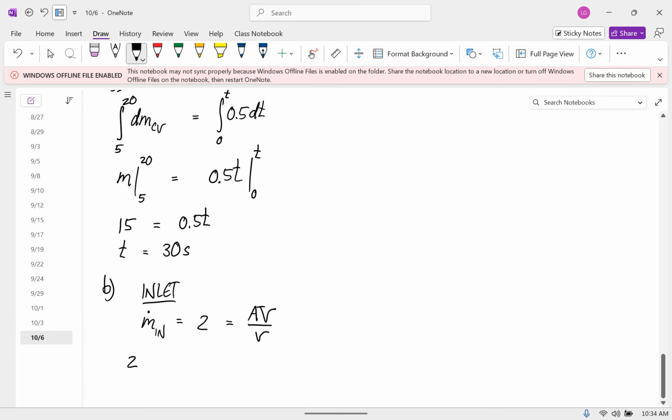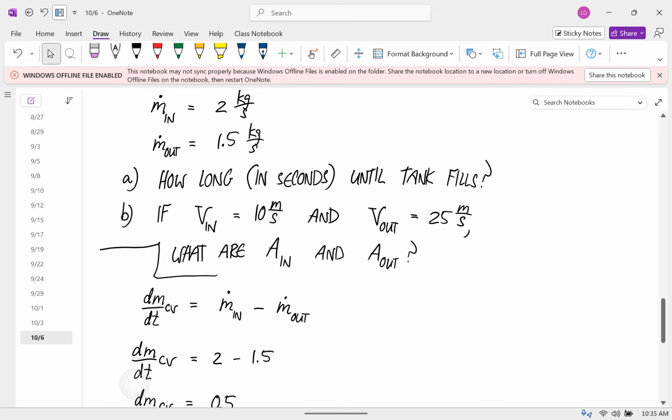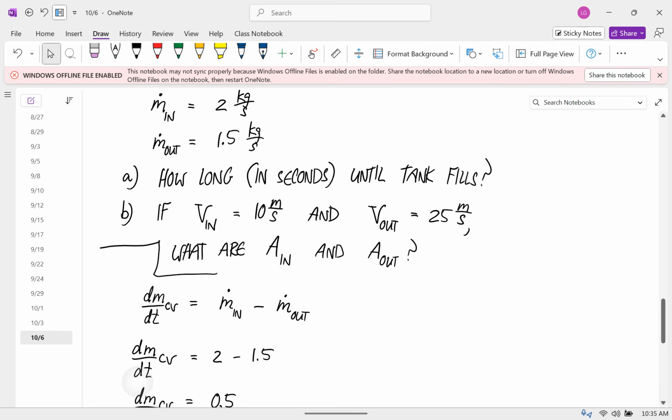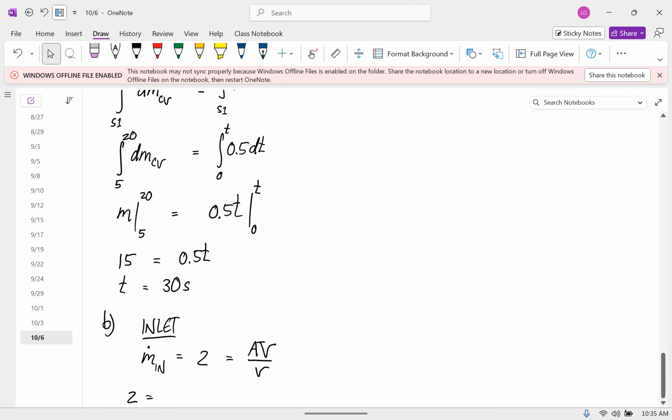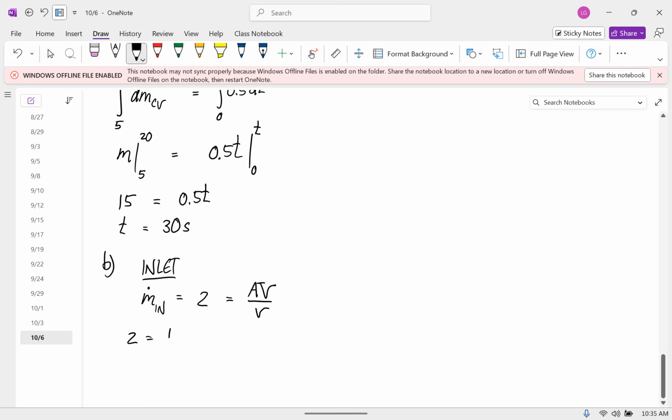And so 2 is equal to, for part B, the average speed of liquid water at the inlet is 10. So we have 10A divided by the specific volume of water.